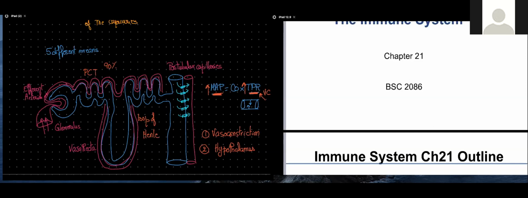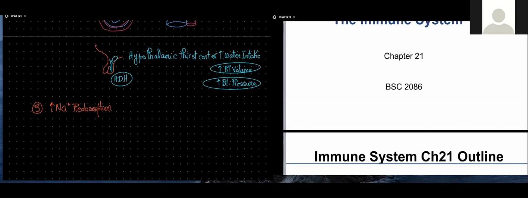I have here a direct effect on the kidney tubules to try to increase the reabsorption a little. Also, I have a direct effect on the distal convoluted tubules and the proximal parts of the collecting ducts. This is a direct effect of angiotensin II, enhancing the sodium reabsorption. And when I reabsorb the sodium back, what's going to happen? The water follows, and as water follows the sodium, this will increase my blood volume, and so it will increase my blood pressure.